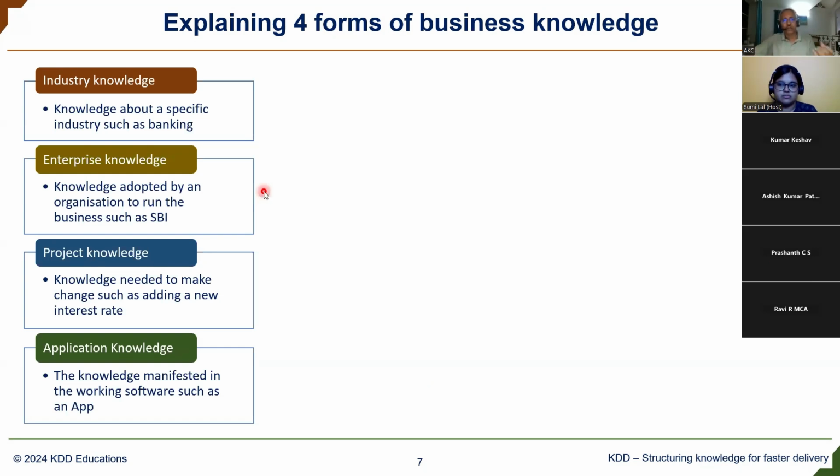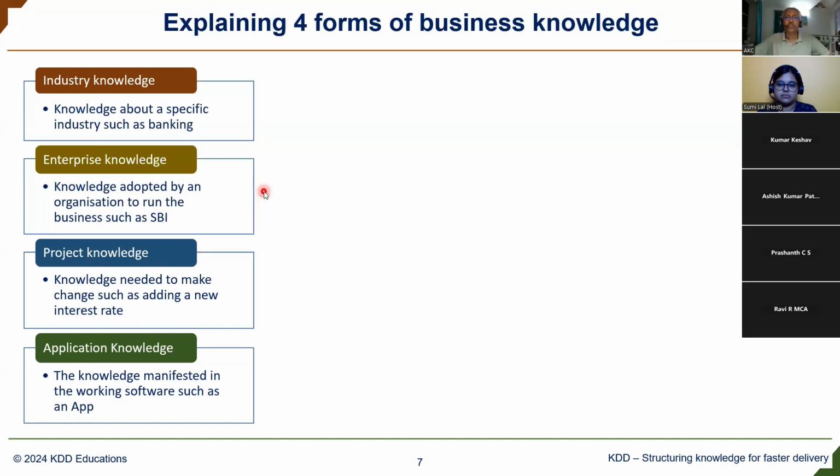If banking is the industry, then the knowledge within SBI's processes, SBI's products, SBI's whole operating procedure, all of that becomes the enterprise knowledge. And this enterprise knowledge is instantiated from the industry knowledge. So it doesn't change significantly, but gets customized for their specific needs.